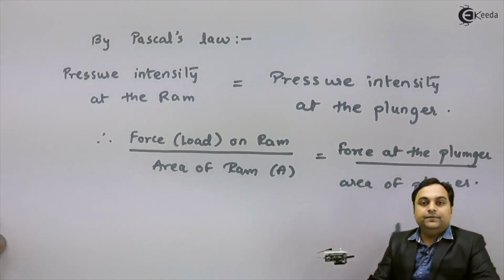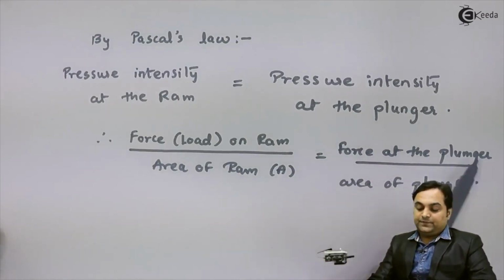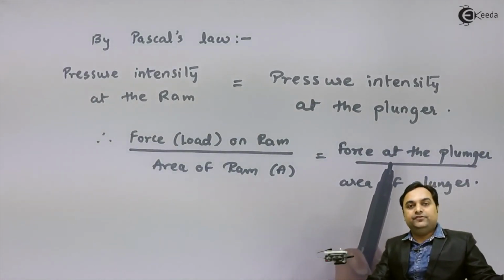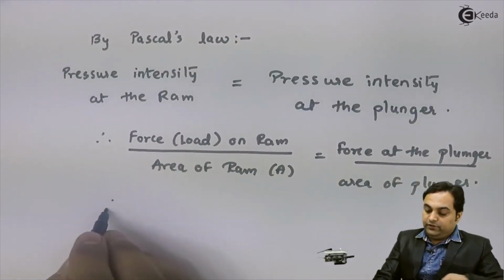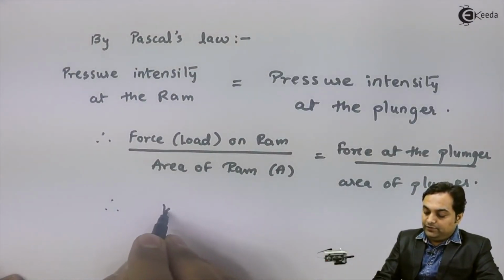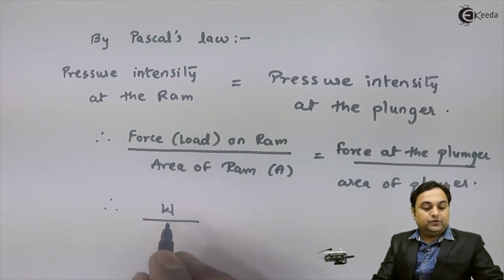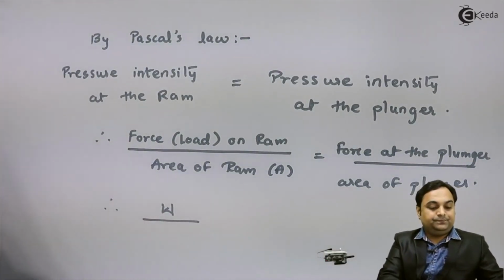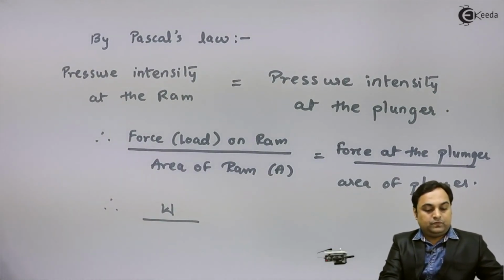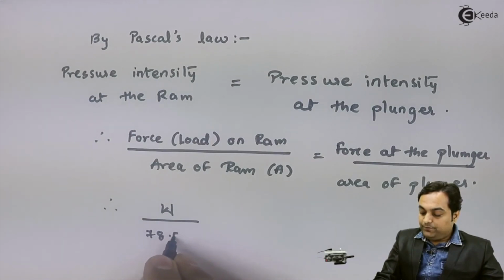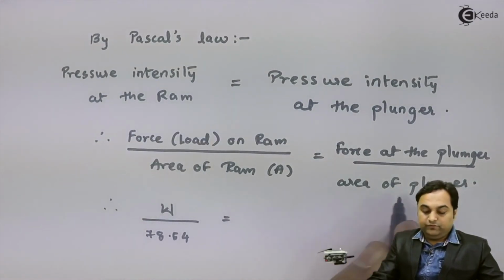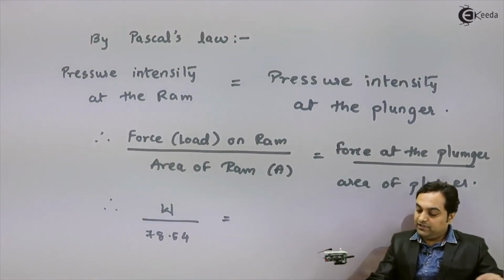But as we see, we have already calculated this pressure intensity at the plunger. This value we have, that is 11.71. So the load on the ram, I'll denote it as capital W. The area of the ram we have calculated, its value was 78.54, is equal to force at the plunger upon area of plunger.